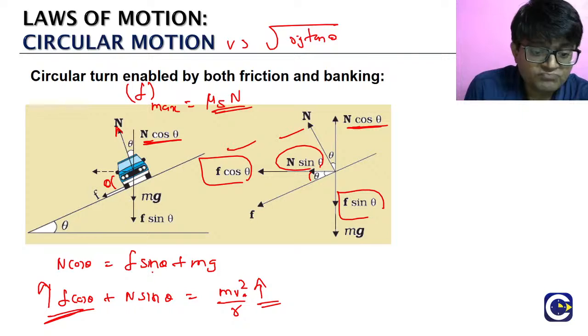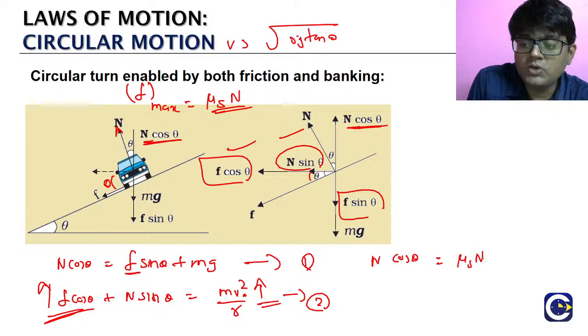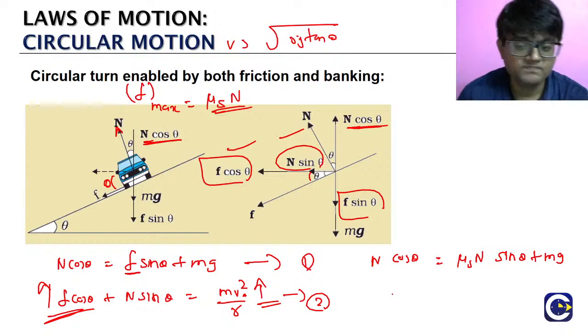So in these equations, both equation 1 and equation 2, we will substitute mu s into normal reaction in place of f. The first equation becomes N cos theta is equal to mu s into normal reaction into sin theta plus mg.